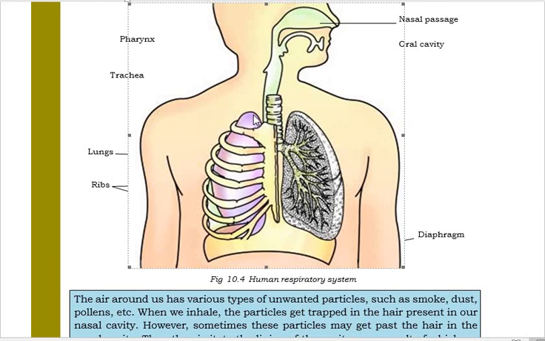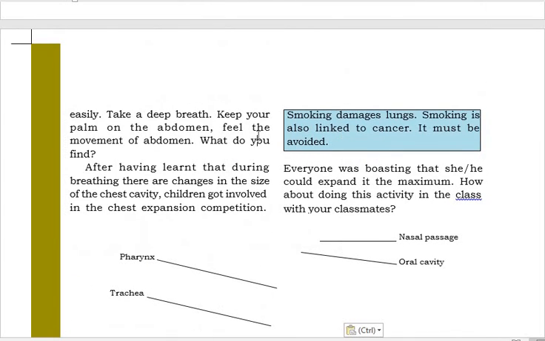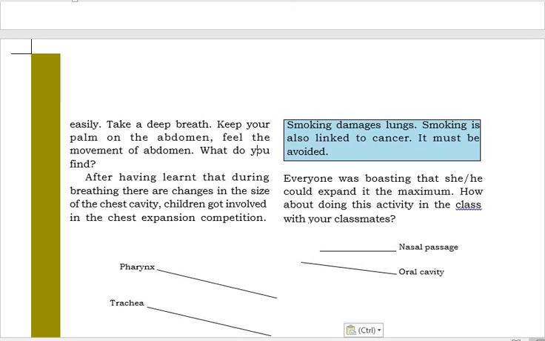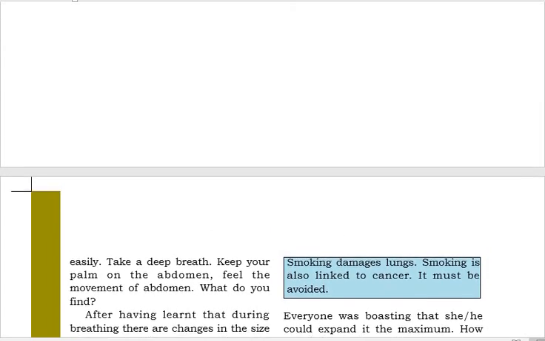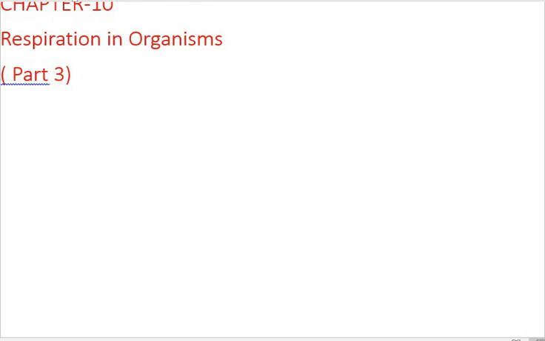And the trachea is bifurcated into two branches, which are called bronchus. Two are there, so bronchi. So these are the main parts of the human respiratory system.